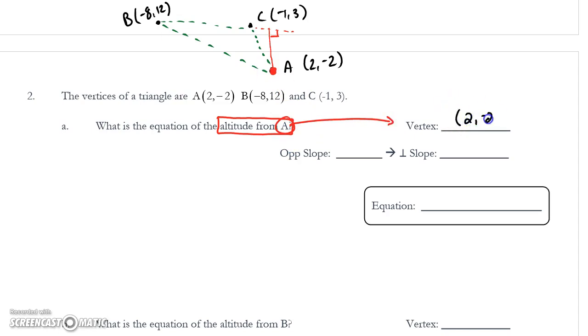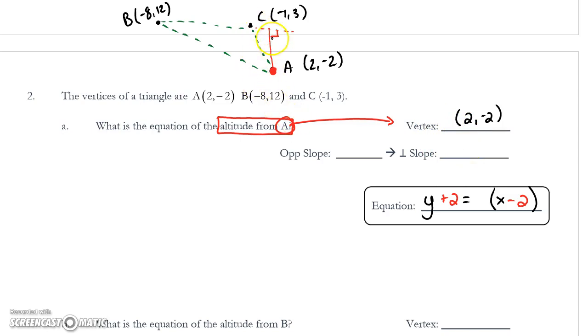That's 2, -2. Right now, I could go ahead and get my equation started. It's going to be y plus 2, because my y coordinate is -2, equals the slope, which we have not found yet, times x minus 2. Minus 2 because the x coordinate is a positive 2.